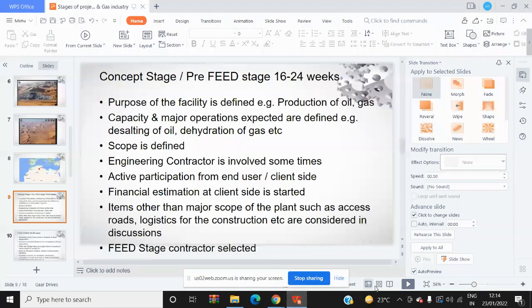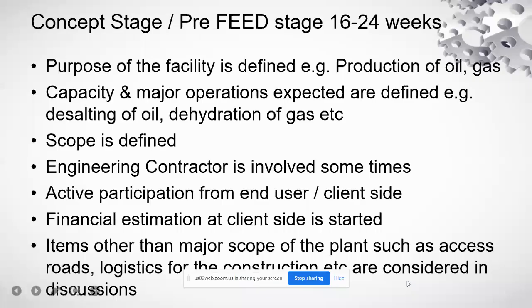So moving ahead, we'll jump to the concept stage or pre-feed stage. Usually, this stage is expected to last 16 to 24 weeks, depending on what facilities we are looking at. Just for simplicity, imagine we are looking at a full-fledged facility which will be separating oil, sometimes called condensate, gas, and probably some amount of associated water, also called produced water.